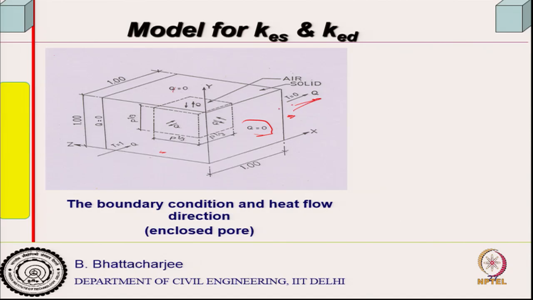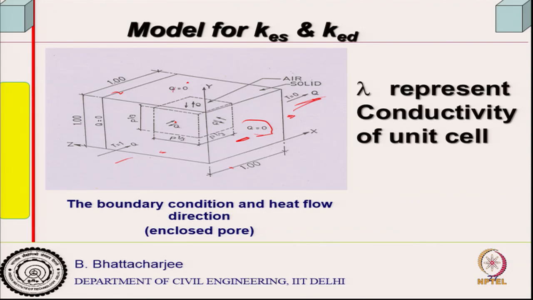The 4 surfaces have zero heat flow, and only in one direction Q is flowing, and the temperature difference is idealized to 1 to 0. If you find out this Q value for this unit area, that is the equivalent conductivity of the system.